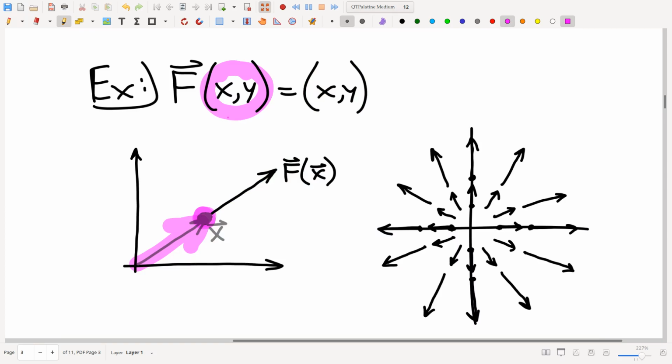This input, you can view it in a couple of ways: as a point, or as a vector. We're supposed to view it as a point, but I'm momentarily choosing to think of it as a vector, because the output is viewed as a vector, and so it's helpful for me to infer the picture.